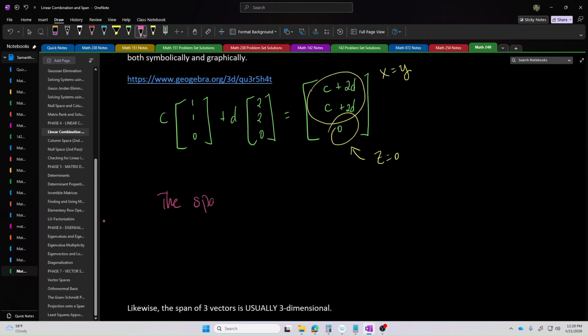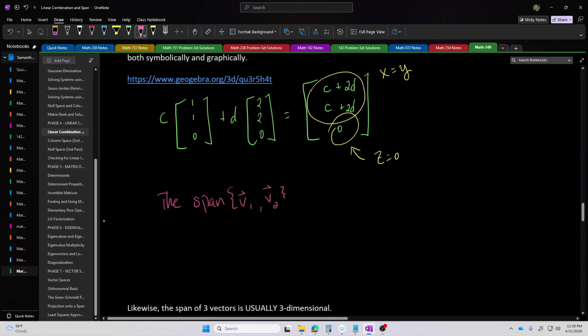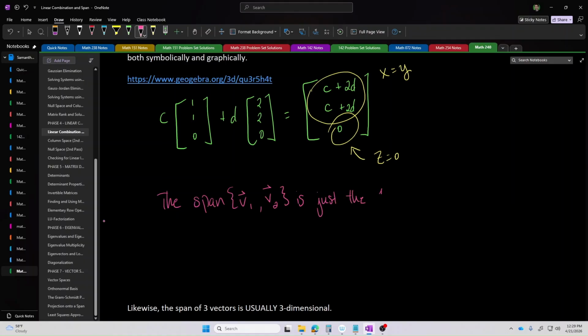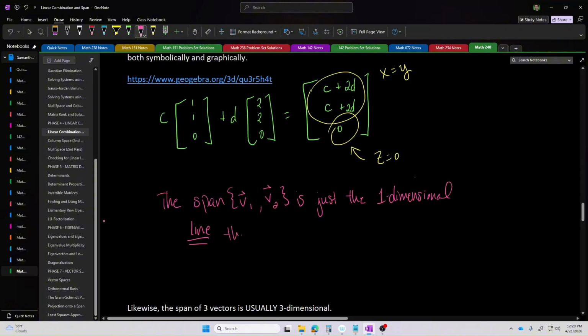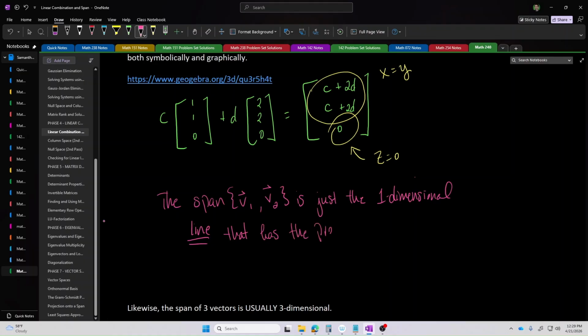The span of V1 and V2 is just the one-dimensional line that has the property that x is equal to y and z is equal to 0.